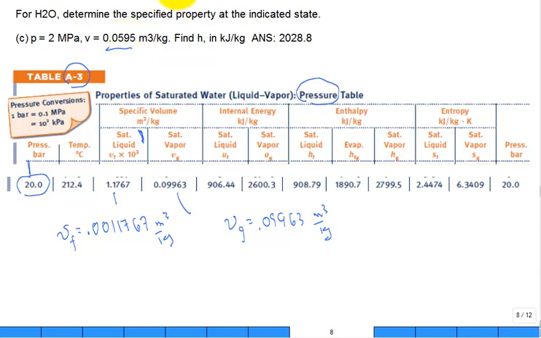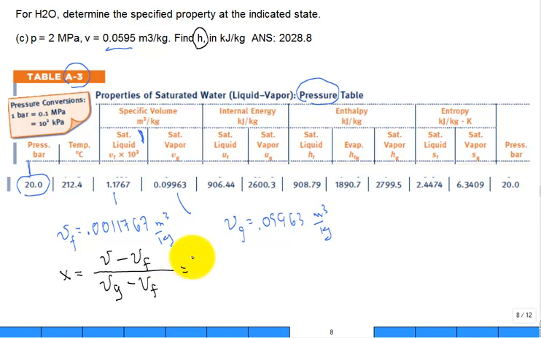And so to calculate the enthalpy, we first calculate the quality X as a function of our specific volumes. So our given V minus the saturated liquid at that pressure divided by V sub G, saturated vapor at that pressure, minus V sub F, saturated liquid at that pressure. So let me just put our numbers in here.